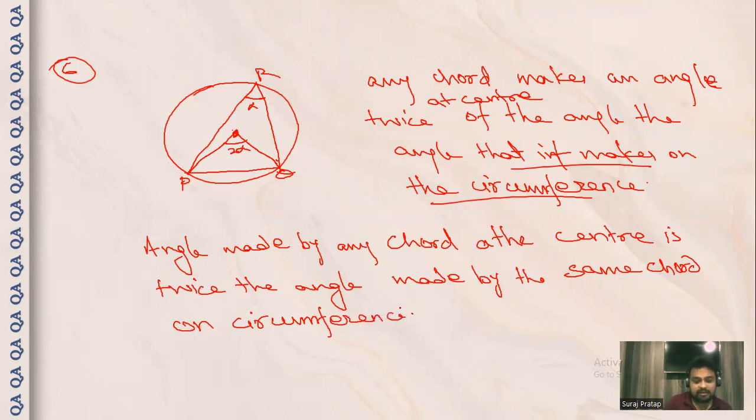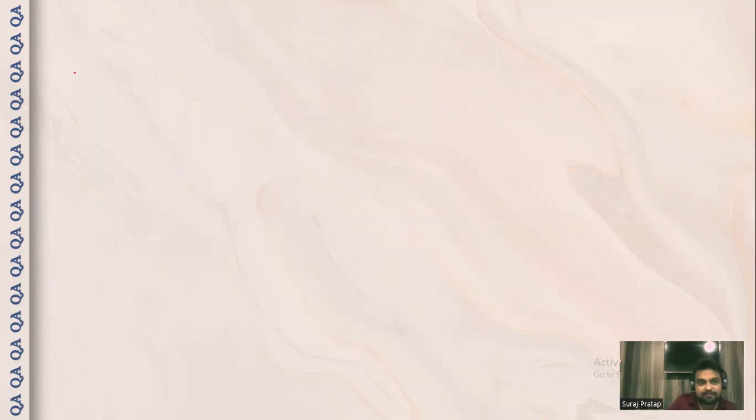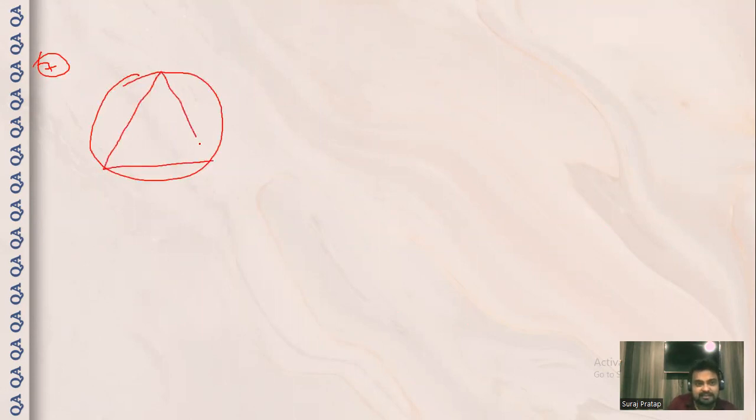Right? Next, the seventh concept is that if there is any chord and it is making an angle of, let's say alpha, at the circumference, then if you are drawing another angle with the same chord, the angle will be the same, it will also be alpha.